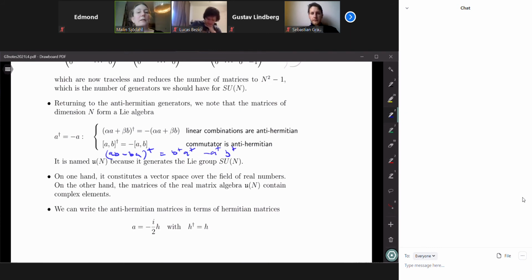We have the anti-Hermiticity relation, so we pick up a minus sign from A dagger, and we also pick up a minus sign from B dagger. So we pick up two minus signs there, and then we can cross out the daggers. We then have BA minus AB, so it is minus the commutator of A and B, as it should be. So the commutator is anti-Hermitian, and we stay in the algebra.